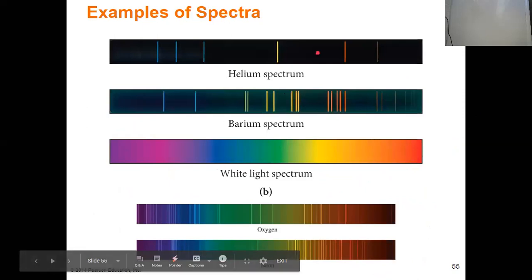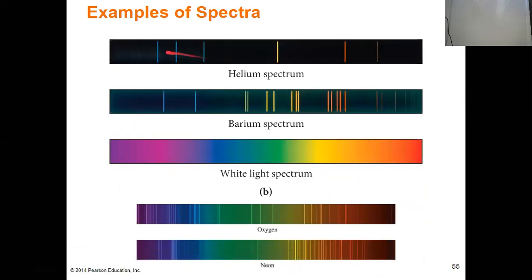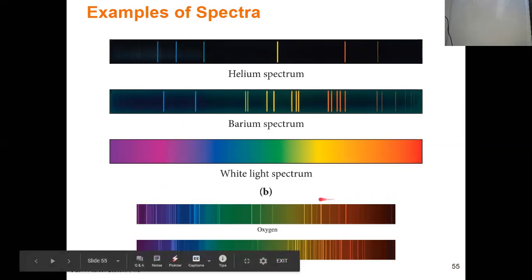You see with the emission spectrum are the black backgrounds and then the different color lines. The absorption spectra have this continuous spectrum here, and there are white lines present wherever characteristic wavelengths from that element would appear.